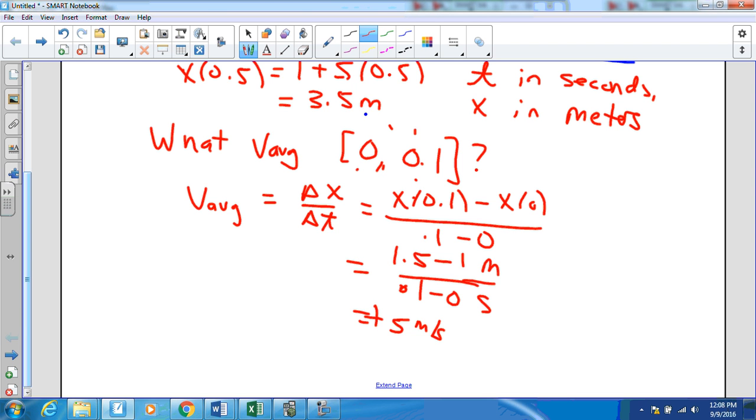Can you explain what you did in x of 0.1 minus x of 0? Well, sure. Average velocity is the displacement over the time, or the change in x over the change in time. So we're looking here at the final position minus the initial position. That's displacement.